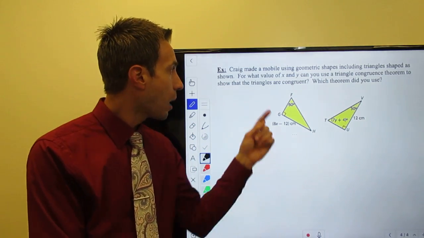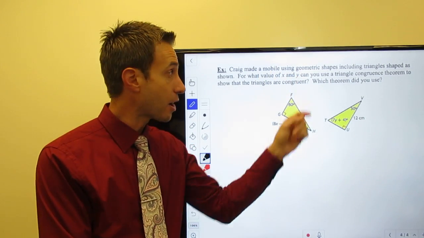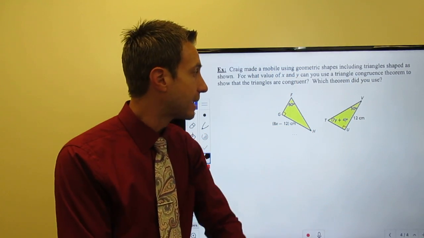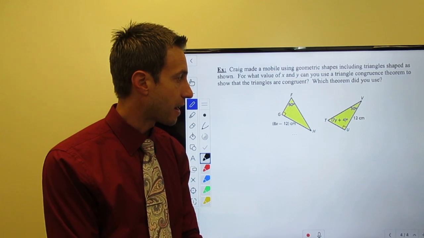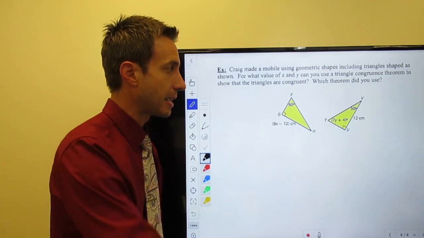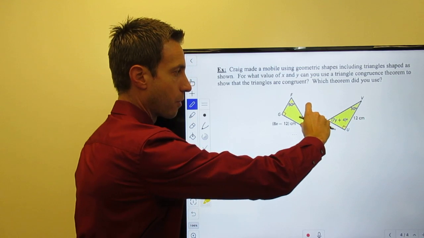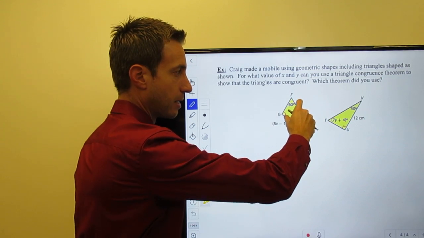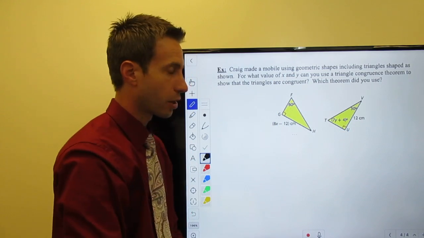So here we go. I want you to find the value of x and y that make these triangles congruent. Well, here's what I see. If I take this triangle right here and I just sort of rotate it over right onto this guy, right? What that tells me is that G and U are congruent.